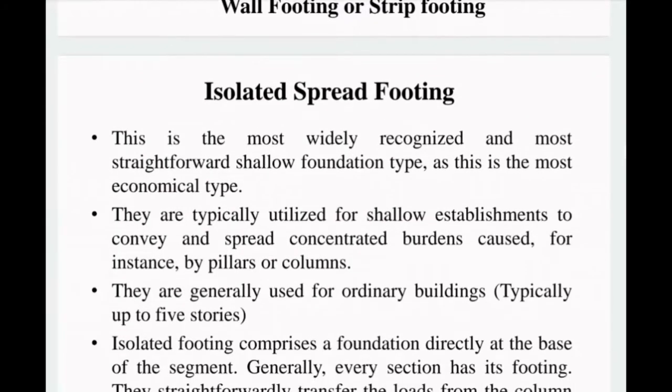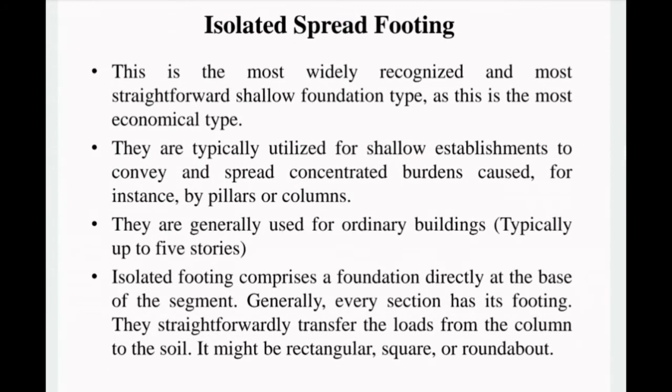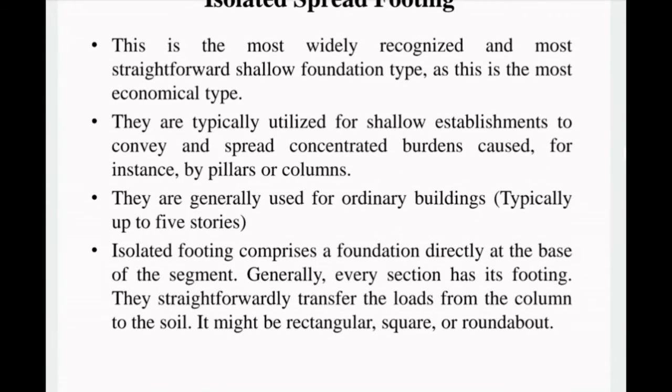And second, we are going to see about isolated spread footing. This is the most widely recognized and most straightforwardly used shallow foundation type because it is the most economical one. Compared to all the footings, it is the most economical, so it is widely used. They are typically used for shallow foundations to convey and spread concentrated loads from the pillars or columns.